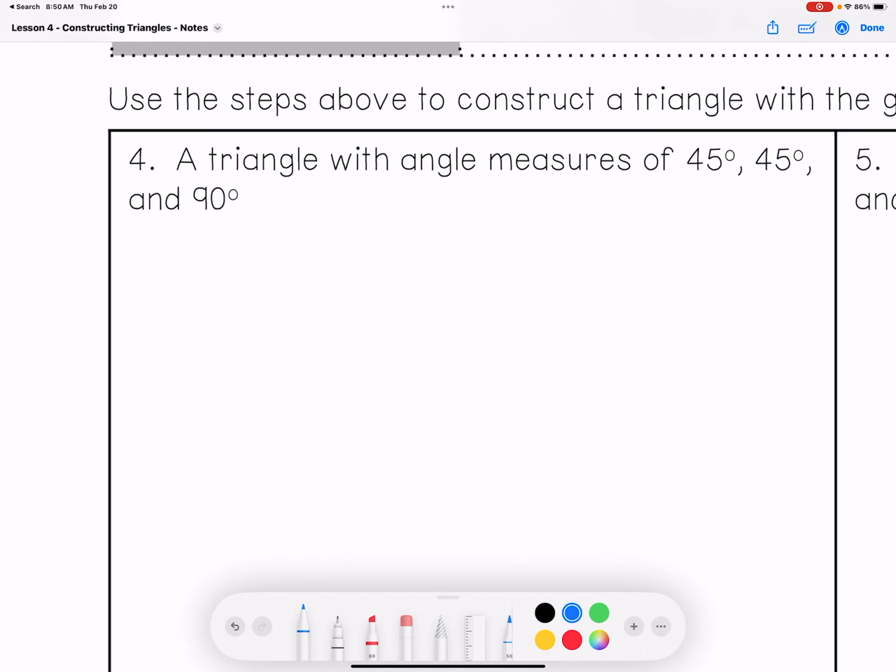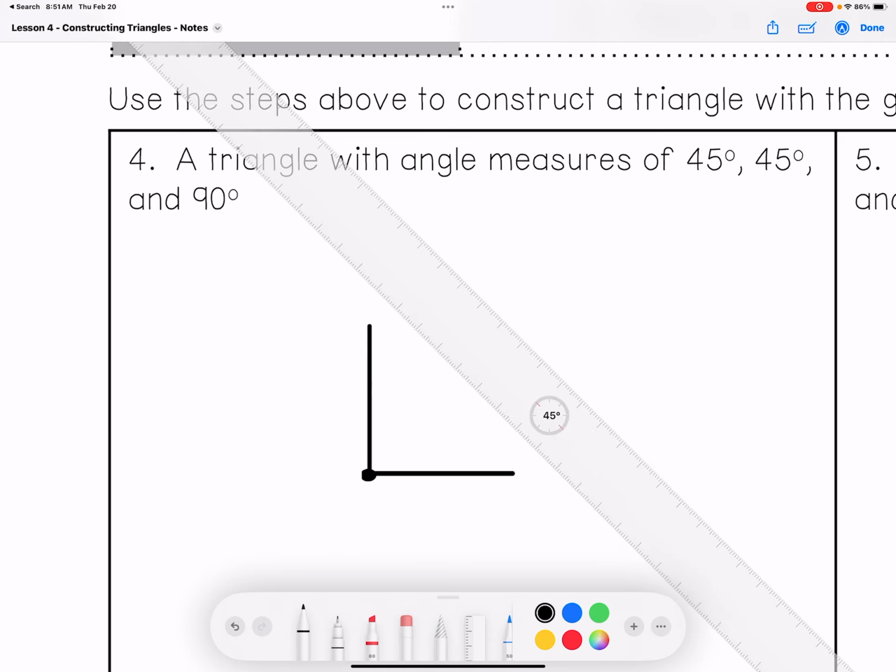A triangle with angle measures of 45 degrees, 90 degrees, and... all right, so I'm going to put my first dot here, and I'm going to go 90 degrees. All right.